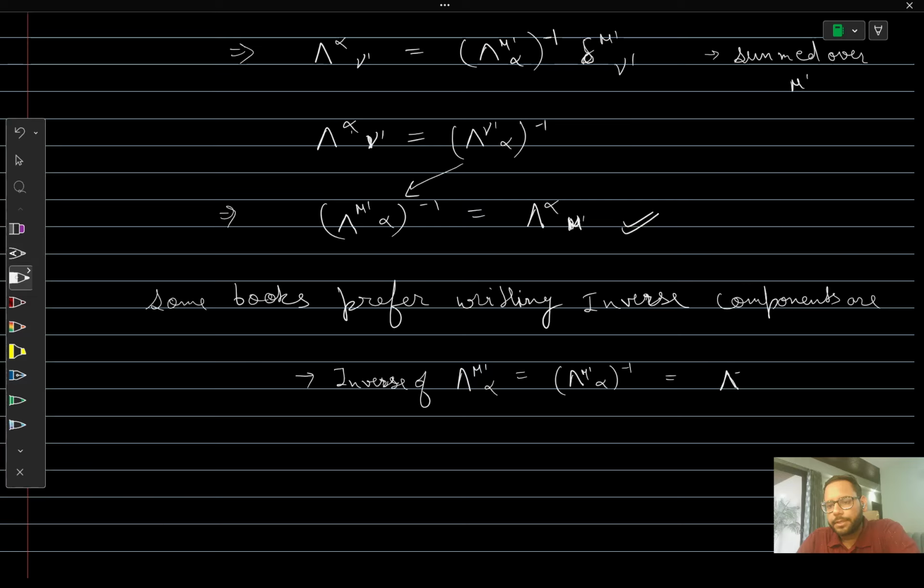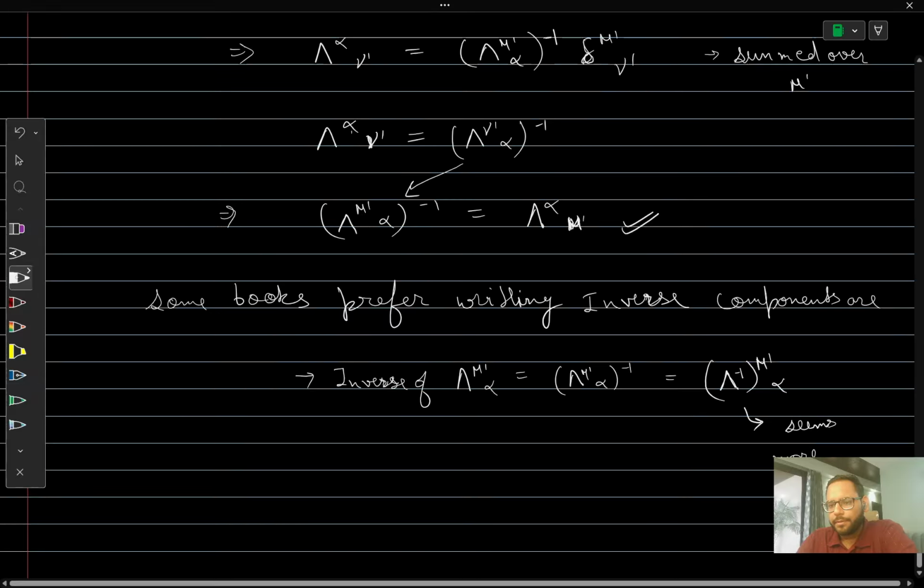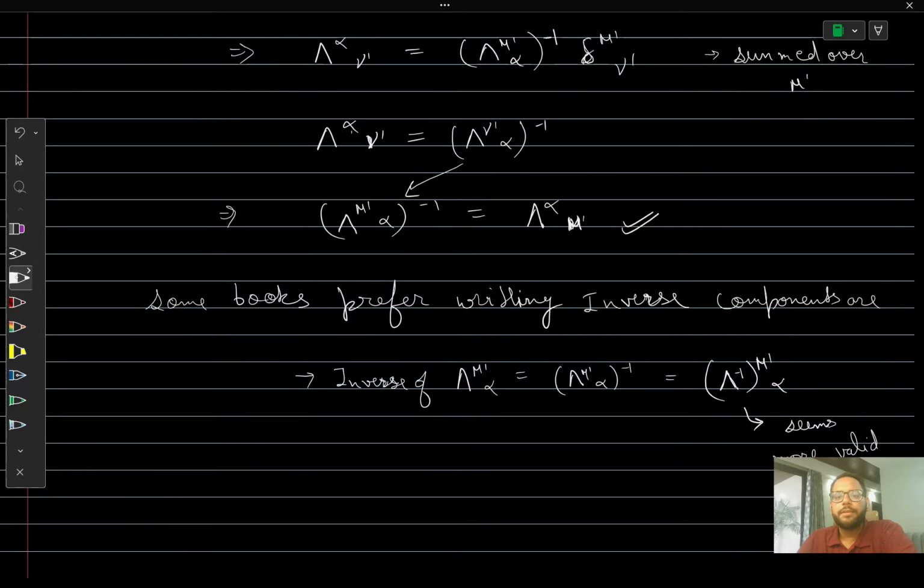First take the inverse and you just write the components outside, and this seems more valid. Why? Because according to the rules of Einstein, you have the indices outside.